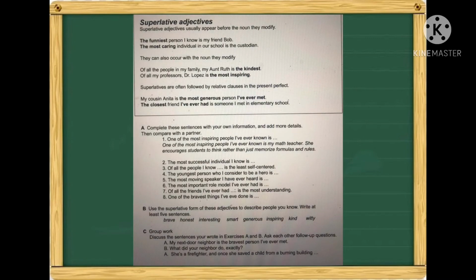If students read and practice aloud the sentences in the grammar box, this would be mechanical practice. Exercises A and B can be regarded as meaningful practice since students now complete the sentences with their own information. And lastly, exercise C is an example of communicative practice since it is an open-ended discussion activity.